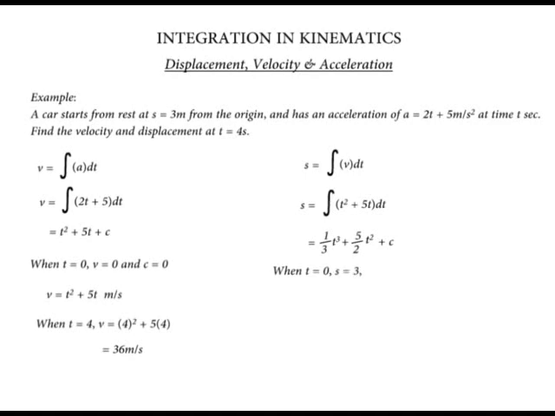Substituting that, we shall get c is equal to 3. So the expression for displacement as a function of time will be s is equal to a third t cubed plus 5 over 2 t squared plus 3. Therefore, at t is equal to 4, s will be equal to a third times 4 raised to power 3 plus 5 over 2 times 4 squared plus 3. That gives us 64.33 meters.